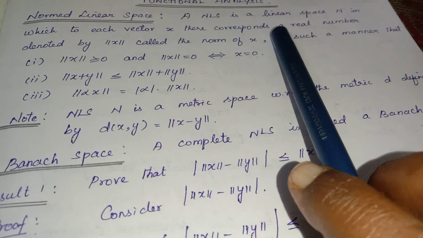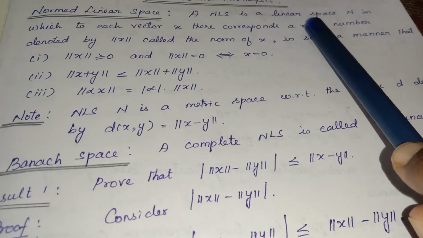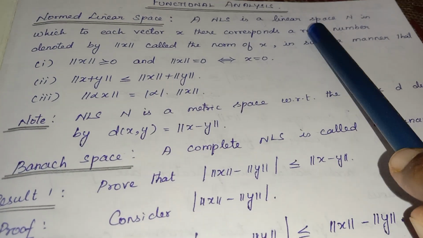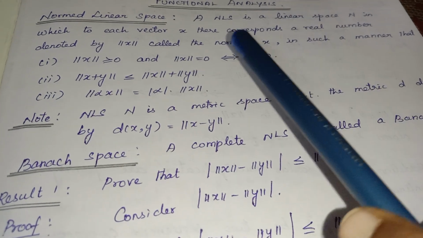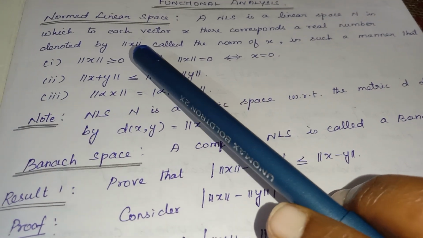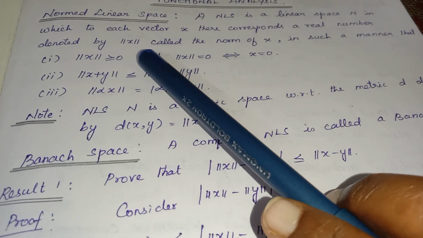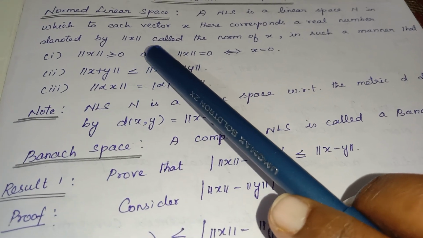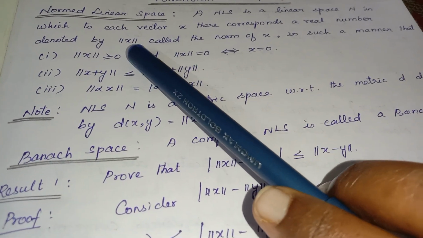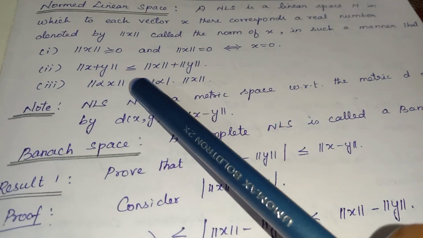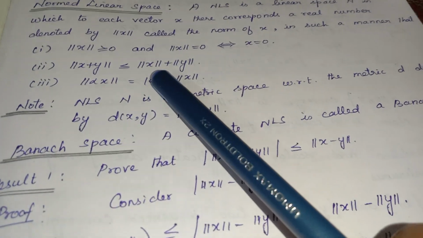Now, a linear space is nothing but a vector space. So we take a vector space and define a norm on it. This norm is almost equivalent to the definition of the length of a vector. We have to define the norm in such a way that it satisfies all three properties.